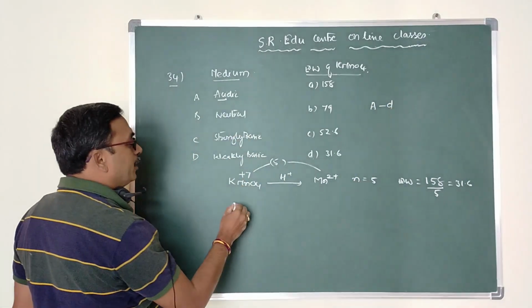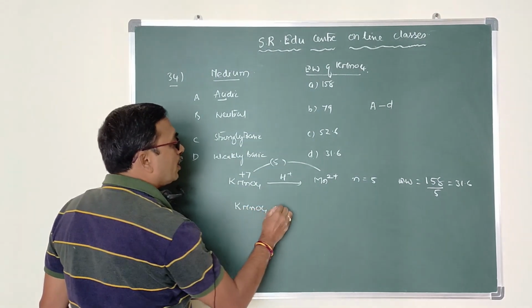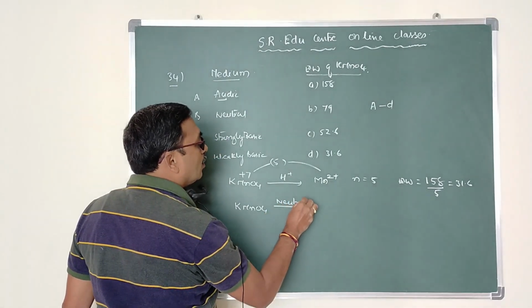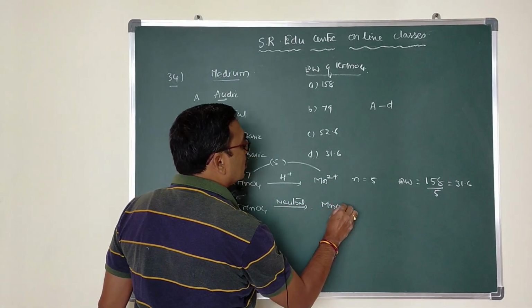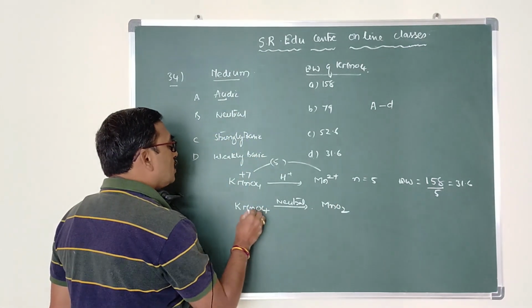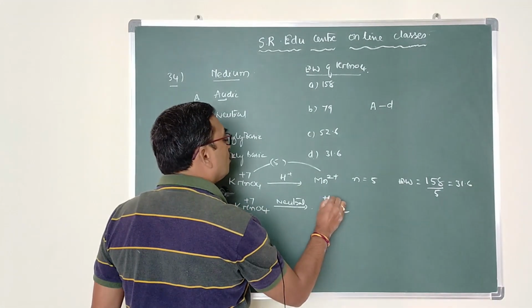Second one is the neutral medium. In neutral medium, potassium permanganate is converted into MnO2, manganese dioxide. The oxidation state of manganese in KMnO4 is +7, in MnO2 it is +4.